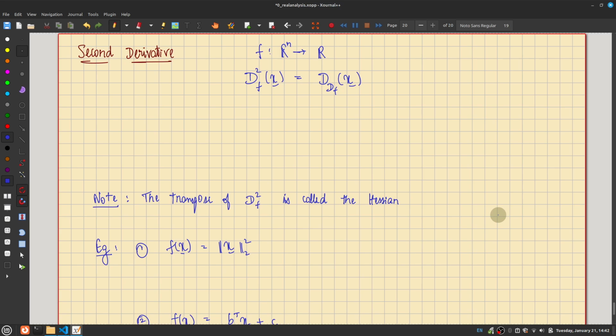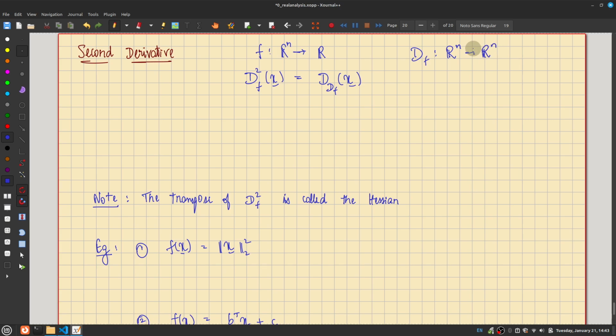Great. So as we saw, if I have a function f, let's say from Rn to R, what can you say about the derivative of the function? What would it be? It's a 1 cross n matrix, or you can also think of the derivative as a function from Rn to Rn, right?